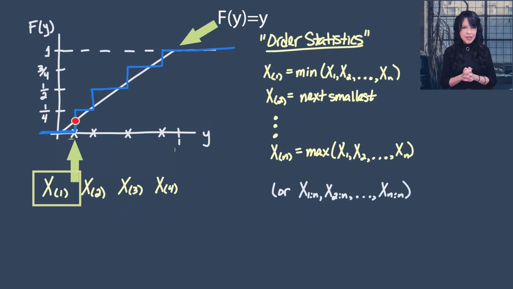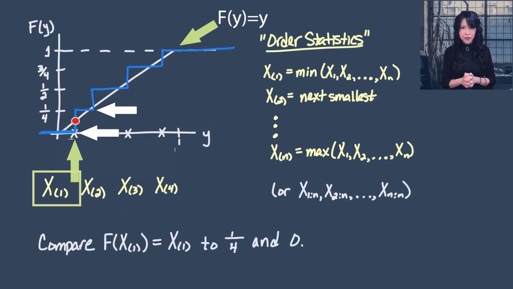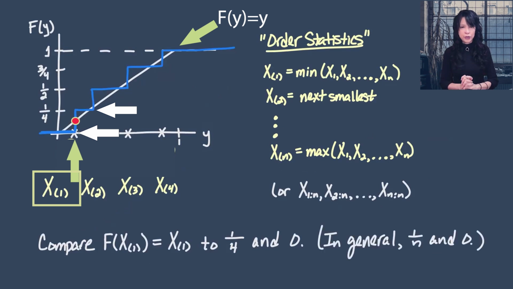This is capital F of x1 in parentheses. And I want to compare it to this height of 1/4 and this height down here of 0. In general, if n was more general, I would want to compare this CDF, with this minimum value plugged in, to a height of 1/n and a height of 0.